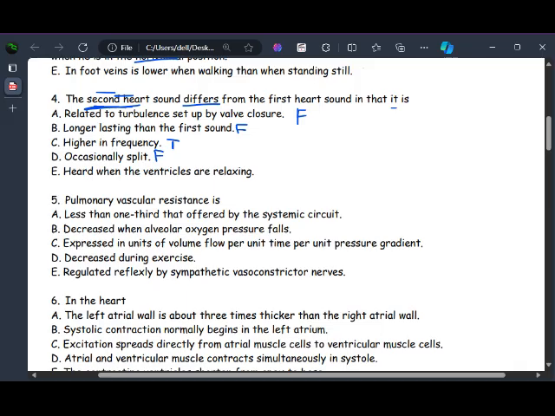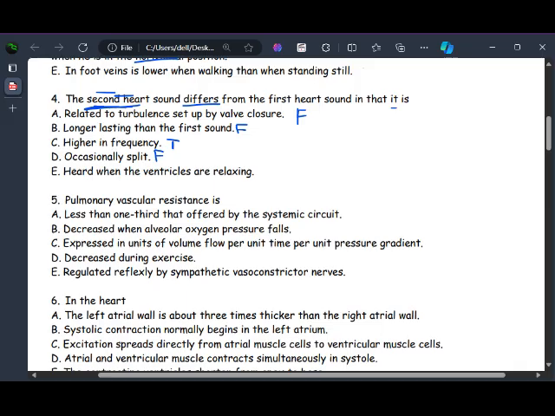So that can also cause the second heart sound to be occasionally split, because these two valves are not closing at the exact same time. One is closing faster than the other, and this is a sound we're only supposed to hear one of.